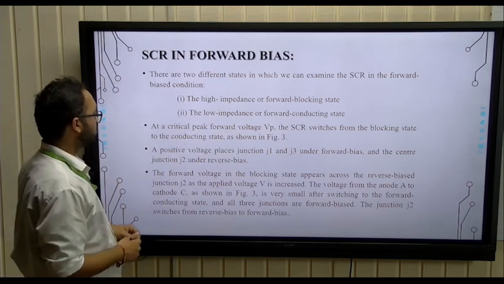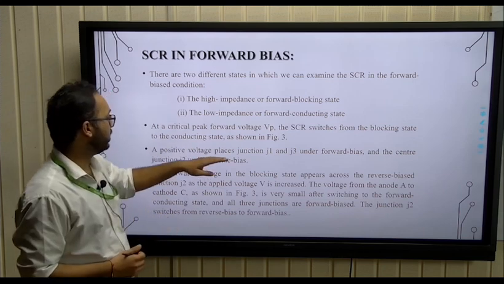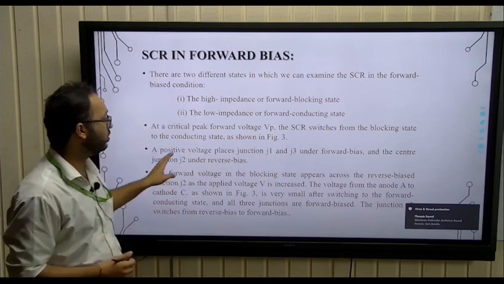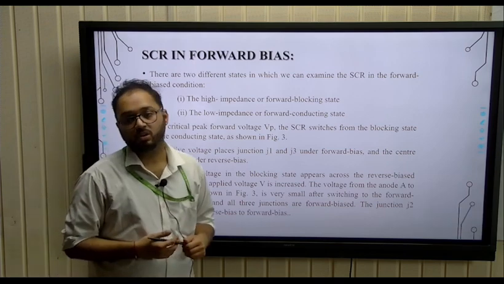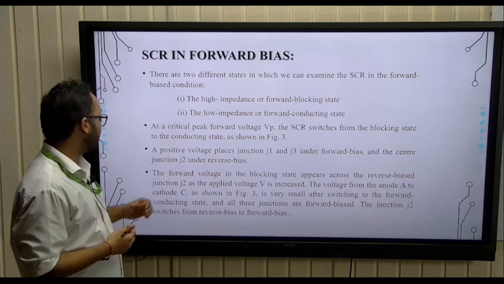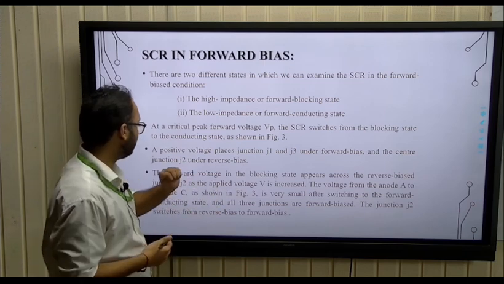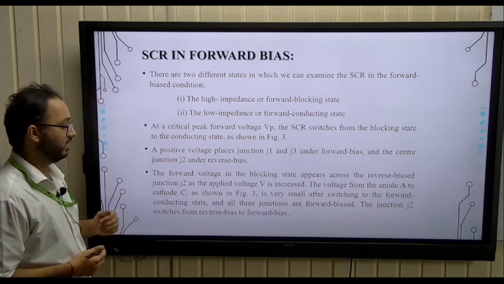So when this happens, at a critical forward voltage Vp, the SCR switches from the blocking state to the conducting state. We also call Vp as VBO, that is breakover voltage. The forward voltage in blocking state appears across the reverse biased junction J2 as the applied voltage V is increased.